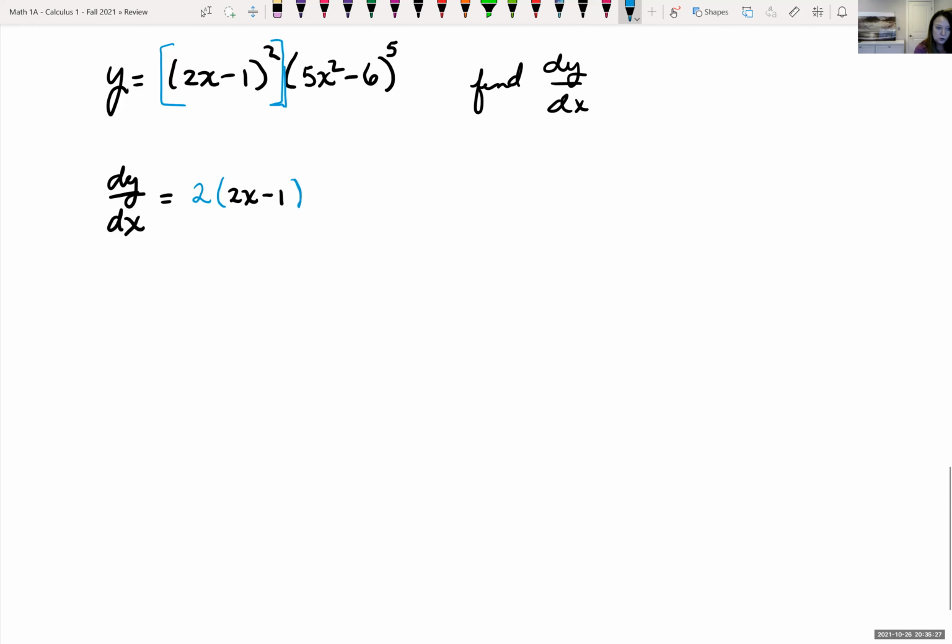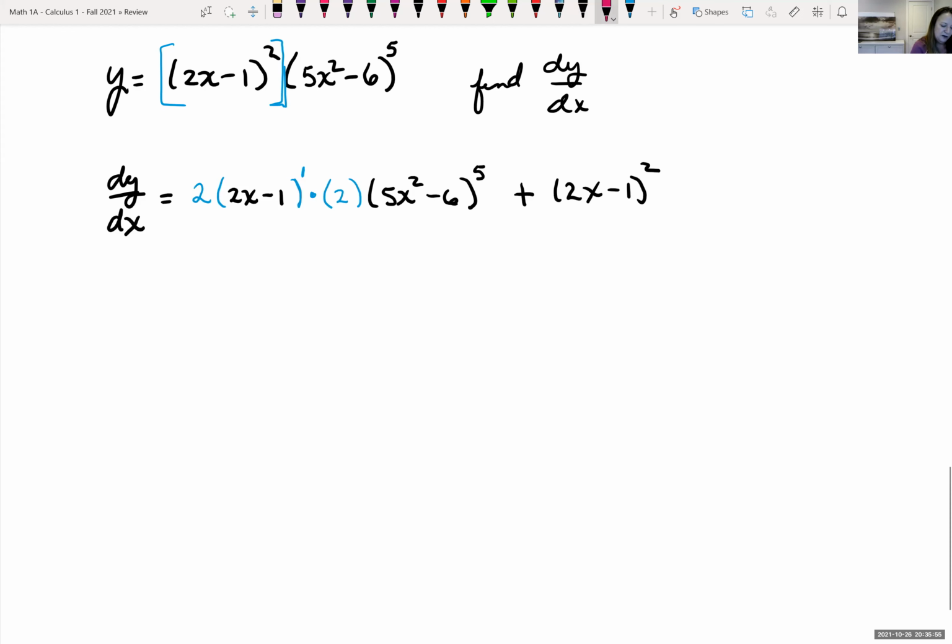So we now have just 1 times the derivative of the inside. The derivative of my inside, 2x minus 1, is just 2. And that's times my second function, which I'm just going to rewrite, 5x squared minus 6 raised to the 5th power, plus my first function, which is this 2x minus 1 quantity squared.